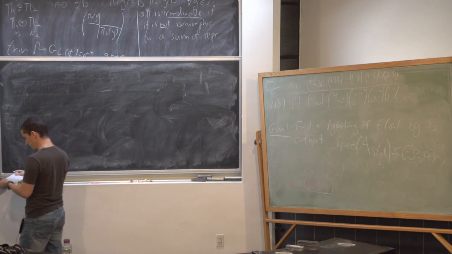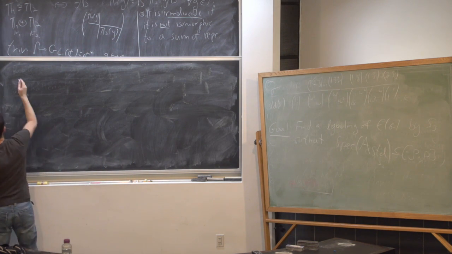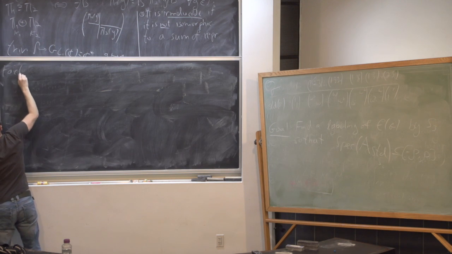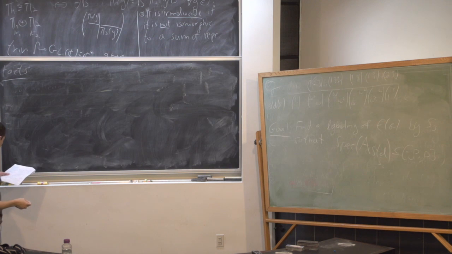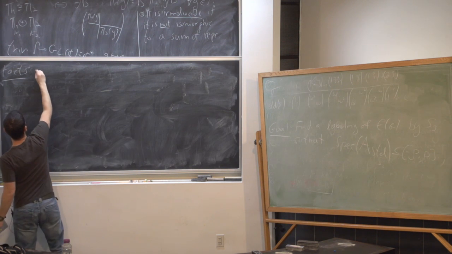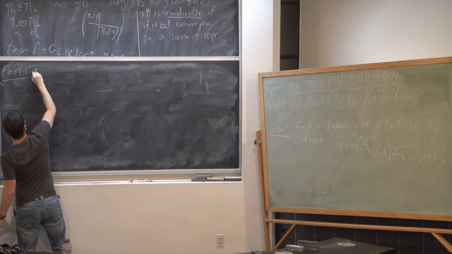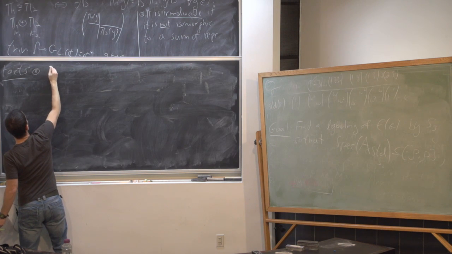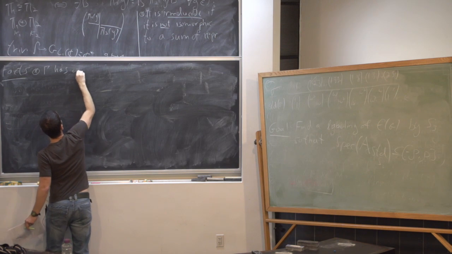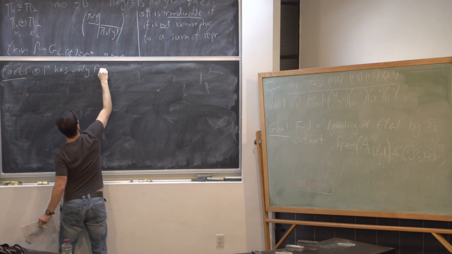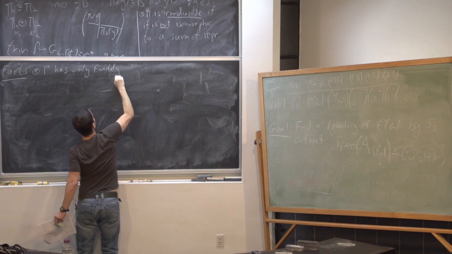Okay, so here are some classical facts. Up to now it was just definition. So first of all, every finite group gamma has only finitely many irreducible representations.